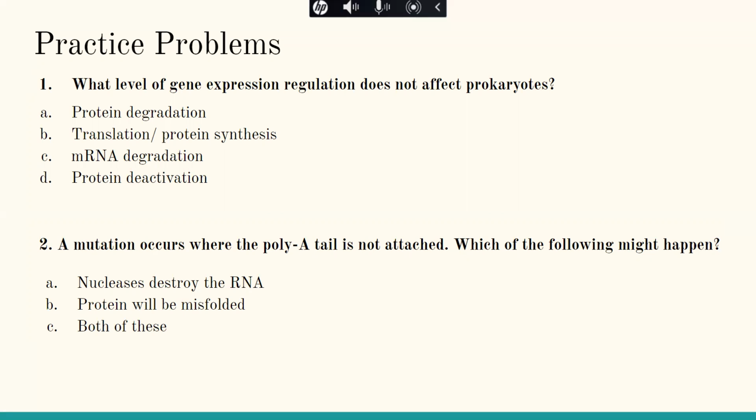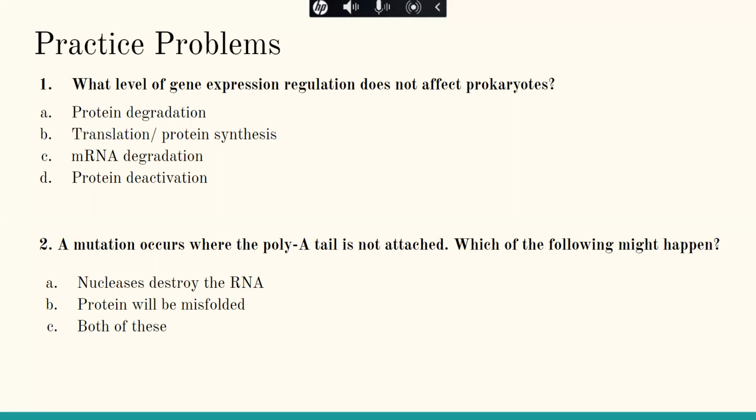That makes sense because it's coupled with transcription. For eukaryotes, I mentioned how the rate of translation is one of the controls. But because transcription and translation happen at the same time in prokaryotes, translation rate or protein synthesis rate doesn't really affect them. Neither does mRNA degradation, because prokaryotes don't make mRNA.